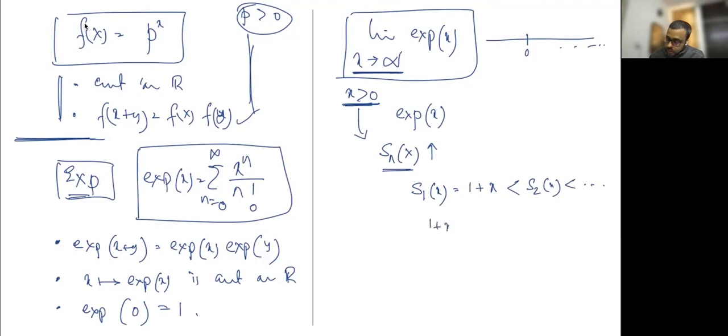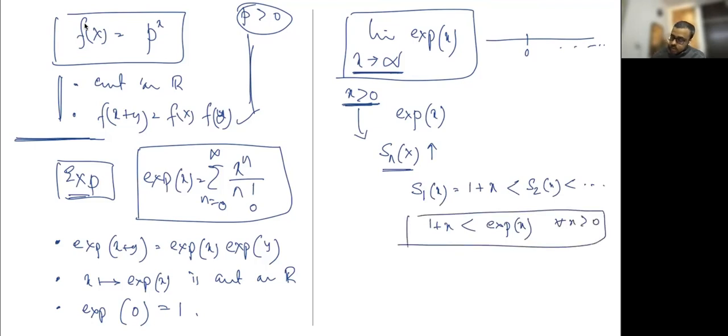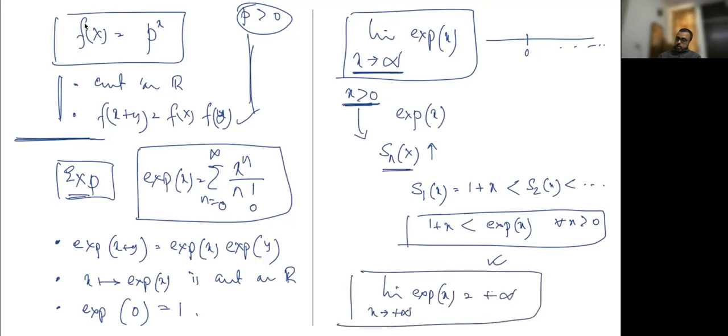So you have this inequality, and this tells you that this limit is plus infinity. Is the argument okay?